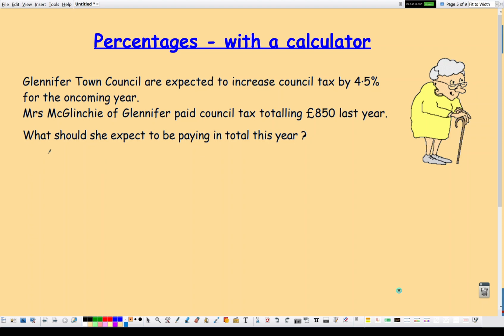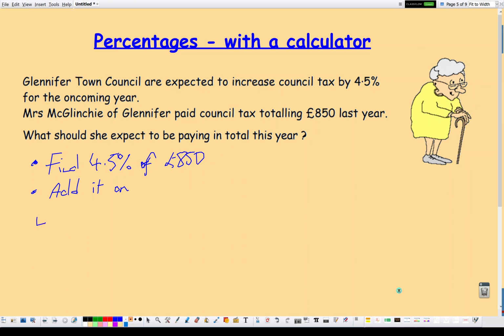Okay, so what we could have done to get this question is find 4.5% of 850 and then add it on, right? So just kind of a standard percentage increase.